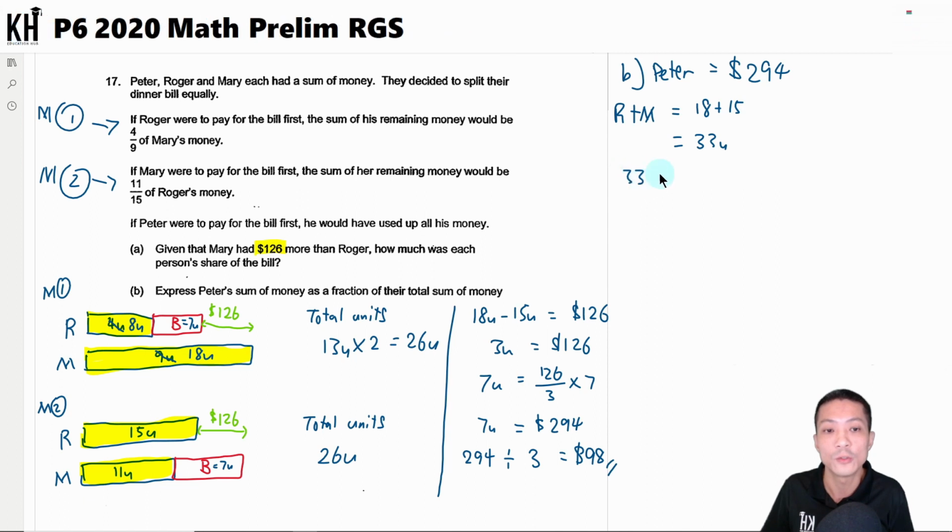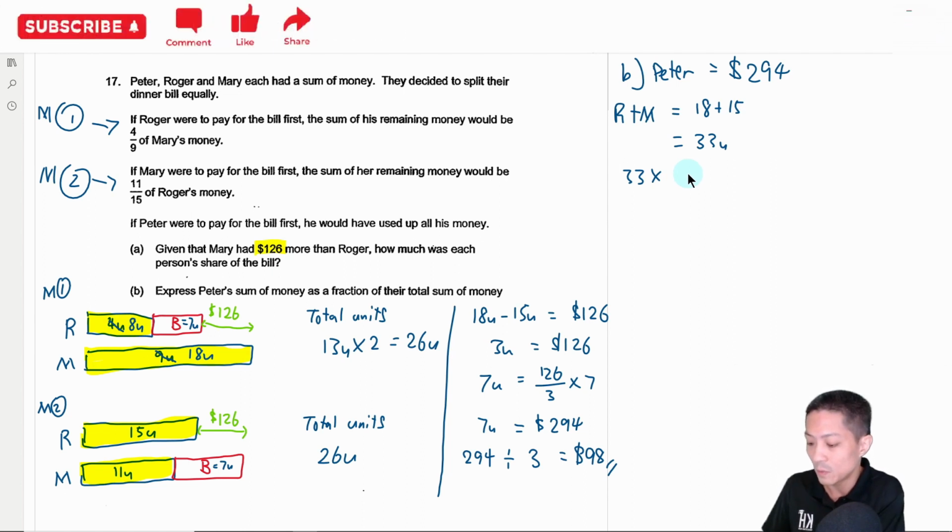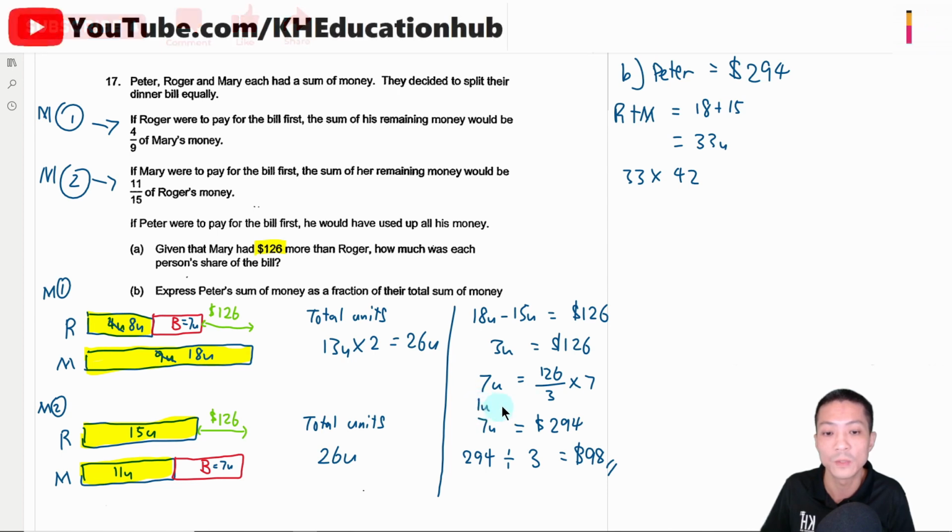So 33 times, just now, what is the 1 unit? I did not figure it out, but it's 126 divided by 3, which is 42. So 1 unit is equal to 42. Times 33 is equal to 1386.